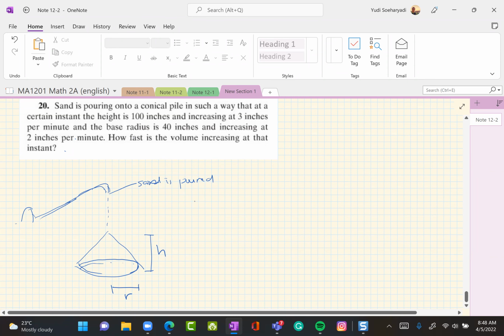So what it says is that dh over dt when h is 100 is 3, and dr over dt when the base radius r is 40 is 2. How fast is the volume increasing at that instant?